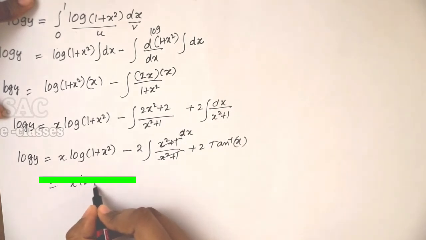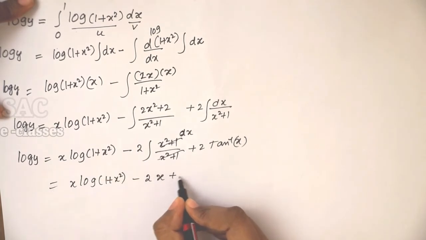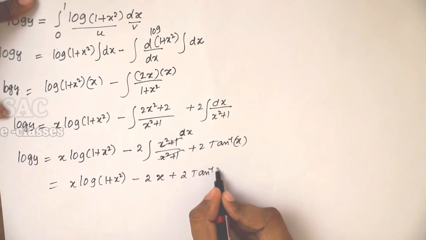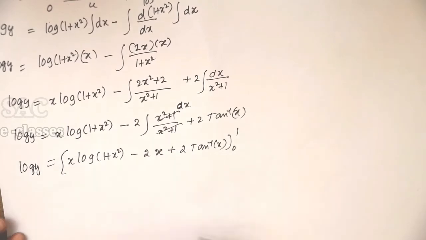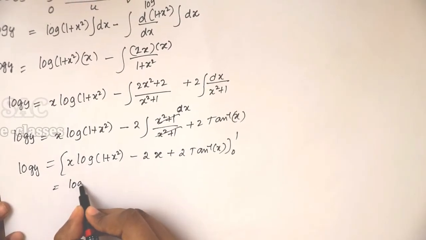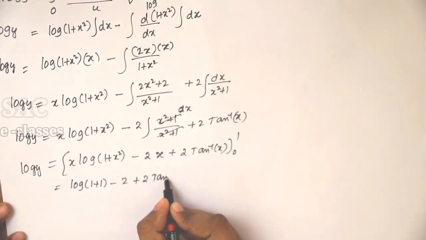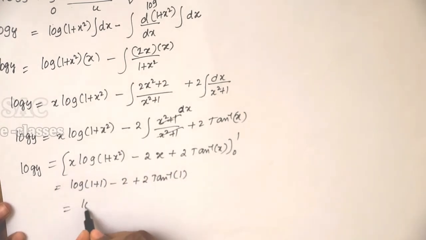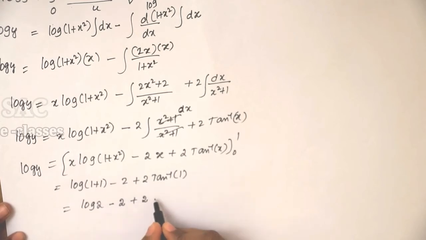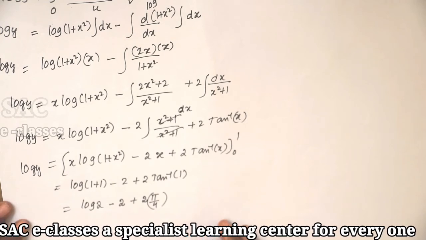So x into log of 1 plus x square minus 2x plus 2 into tan inverse x is equal to log y. Now apply the limit. Log of 1 plus 1 minus 2 plus 2 into tan inverse 1. The lower limit is anyhow 0, the entire thing will be 0. So log 2 minus 2 plus 2 into pi by 4. We know that tan inverse 1 is pi by 4.